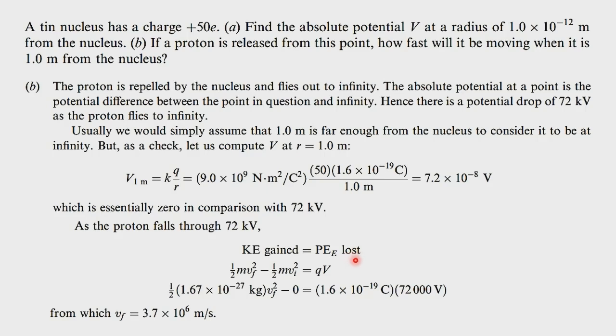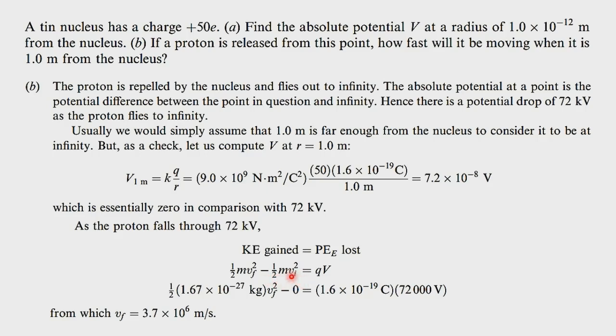In the original calculation, potential energy is equal to mass times gravity times height. But we are talking here about electrical potential energy, which is equal to Q times V. Our kinetic energy is 1/2 mv squared of the final minus 1/2 mv squared of the initial position.